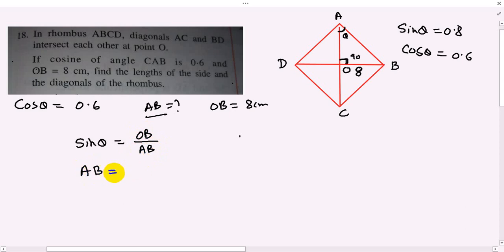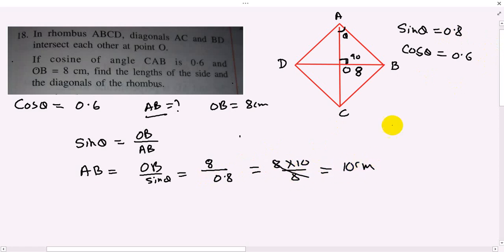So AB is equal to OB upon sin theta, and OB is given as 8 centimeter, upon sin theta, which we have already found to be 0.8. When we divide, it becomes 8 into 10 upon 8, which is 10 centimeter. So all the sides are 10 centimeter.